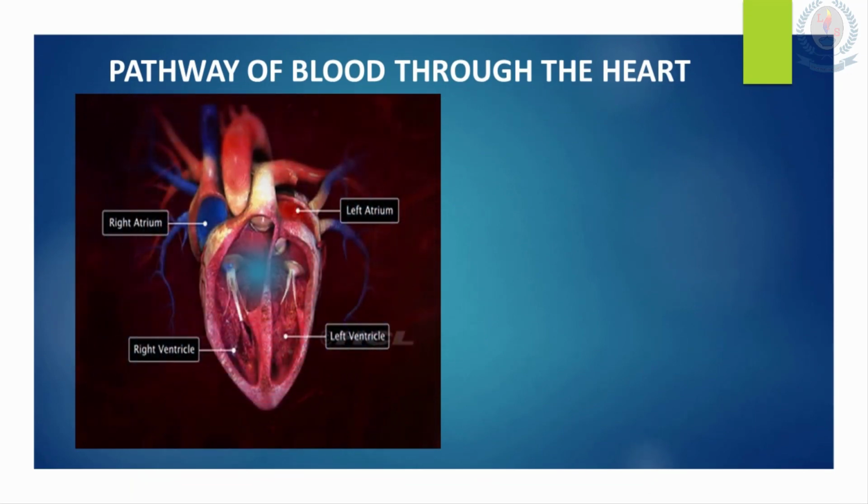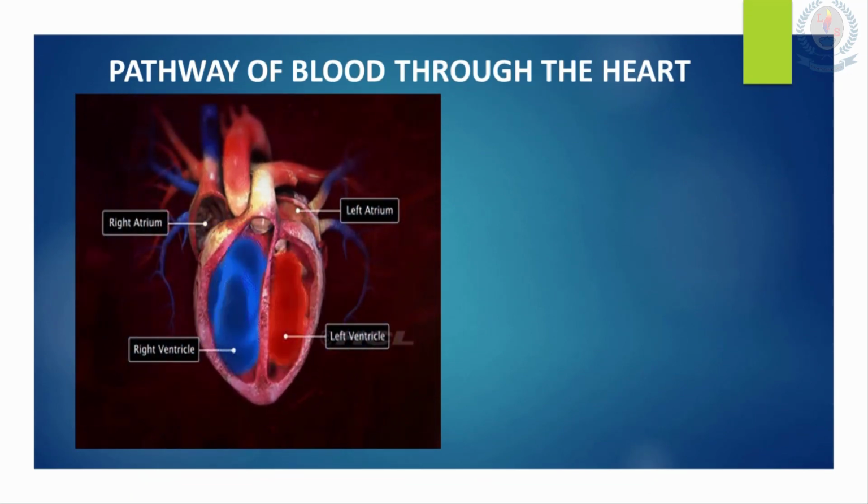Here you can see the pathway of blood through the heart, or how the blood circulates in your heart.